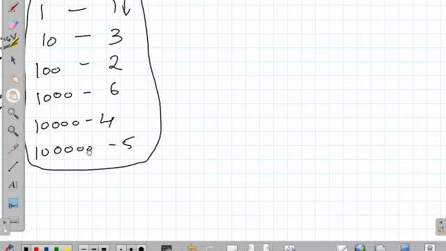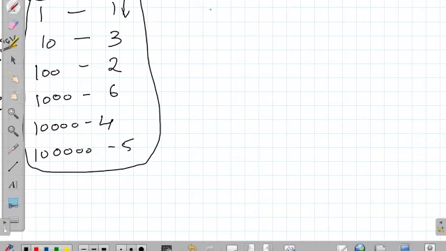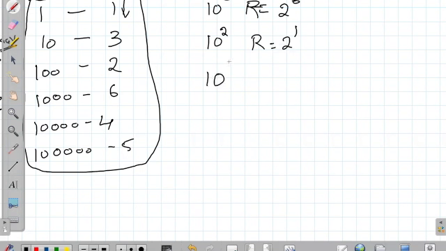Yes. So with 10 to the power of 0, the remainder is 2 to the power of 0. With 10 to the power of 2, the remainder is 2 to the power of 1. With 10 to the power of 4, the remainder is 2 squared.